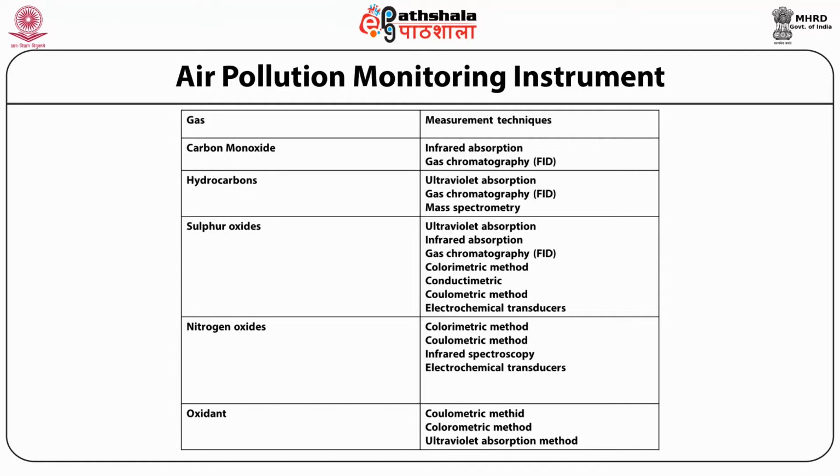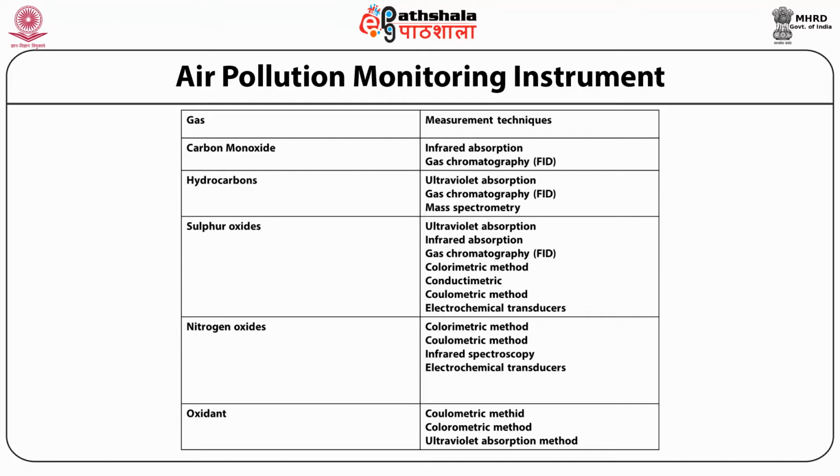Then sulfur oxide is determined in the air by using the techniques of ultraviolet absorption, infrared absorption, gas chromatography equipped with FID, colorimetric method, conductimetric method, coulometric method, and the electrochemical transducers.